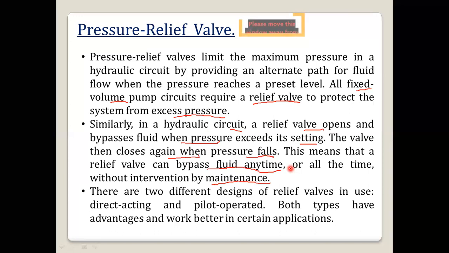Closed type means that when the flow is in the operating pressure range, the pressure relief valve will be closed. When the setting level is reached, the pressure relief valve will get open. The pressure setting depends upon the operating range of the pump.